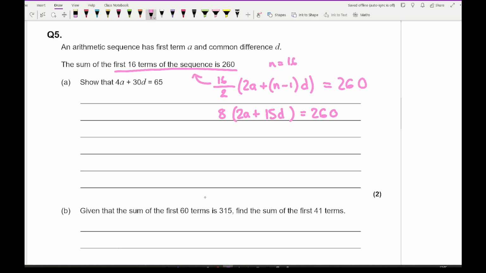Then expanding the brackets out, we get 16A plus 120D equals 260, and then dividing everything by 4, we get 4A plus 30D equals 65, which is what they wanted me to show.